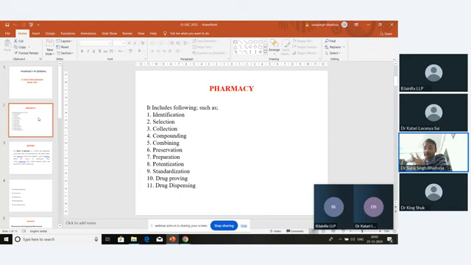So this is the time to collect the drug substances. These are related with external or environmental factors also. So while collecting, the climate, the time, the nature of soil, everything is very important. Clear? So this is a major aspect of pharmacy.